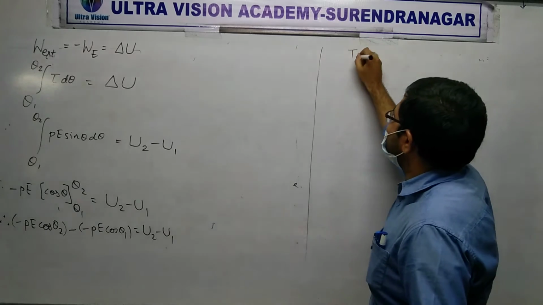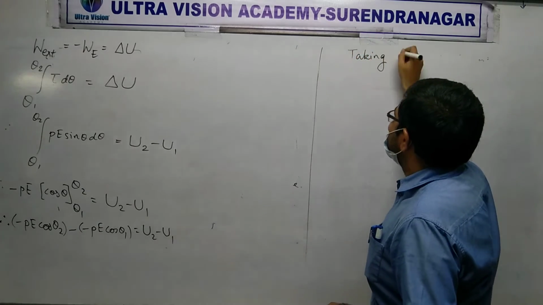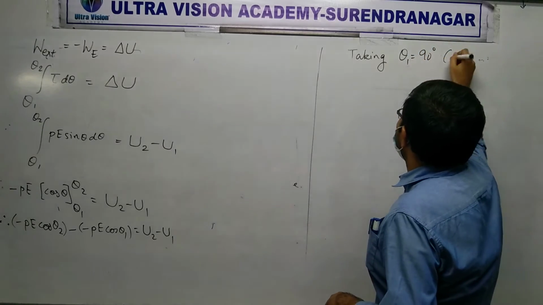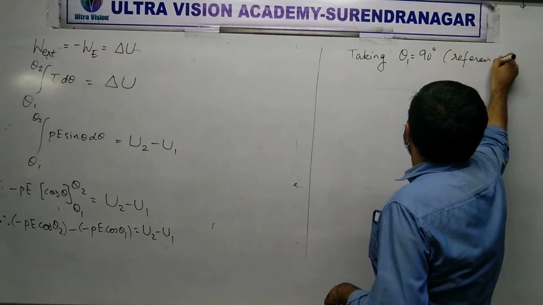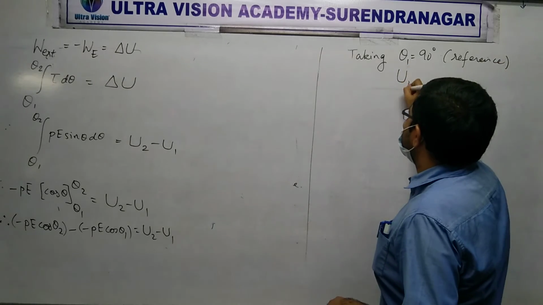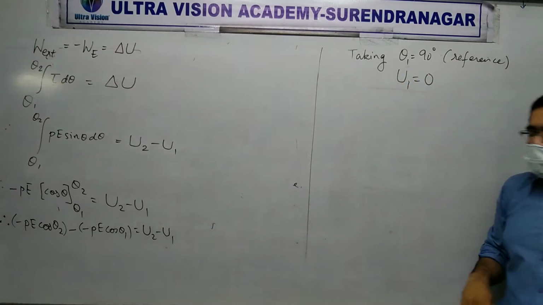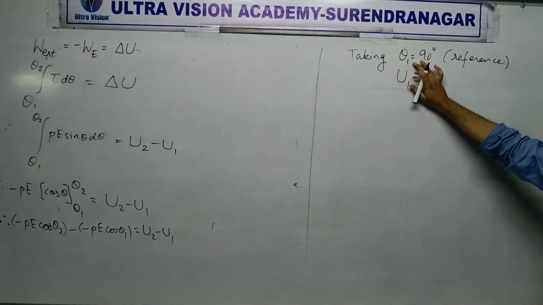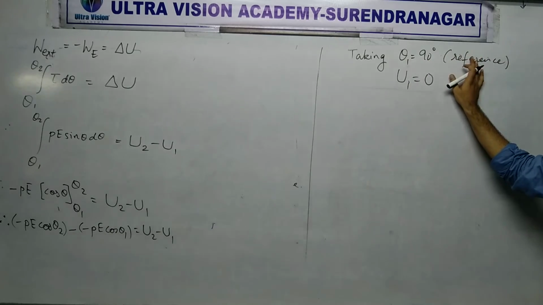Taking theta equal to theta 1 equal to 90 degrees for reference, U1 will be equal to 0. I am taking the initial as reference, and for reference, potential energy is always 0.